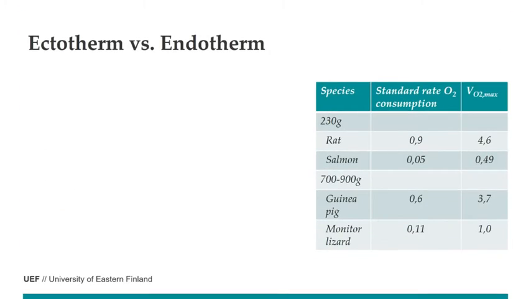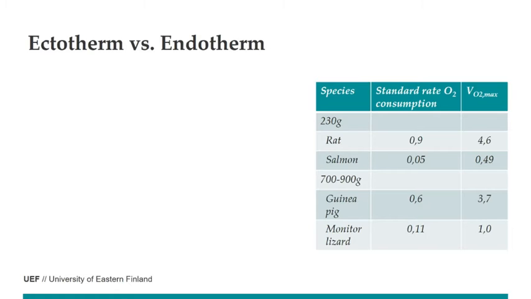First of all, we can compare different animal groups like ectotherms and endotherms. Over here we have two comparisons: animals that weigh about 200 grams and animals that weigh 800 grams. Rat and salmon are about the same size, but the rat's standard rate of oxygen consumption is about 10 times more than the salmon's.